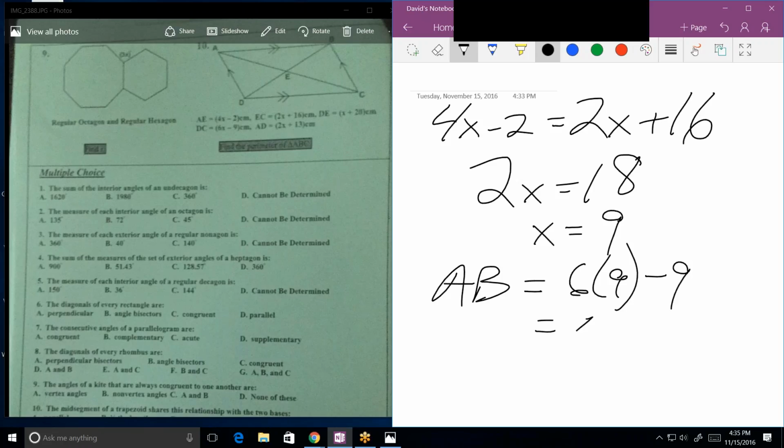Yep. So AB is 45. Yep. Now BC is congruent to AD. AD is 18 plus 13, 31. So BC is 31.